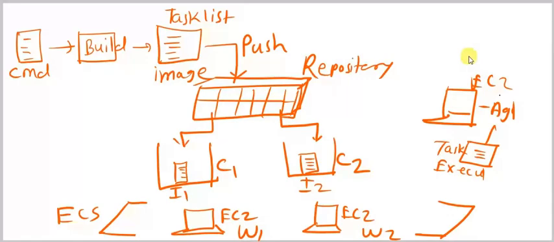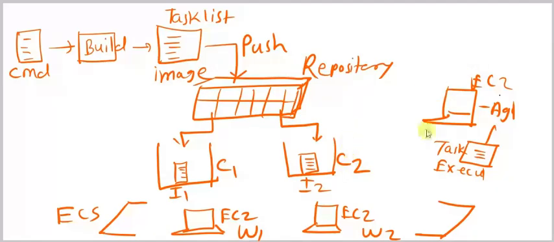Because in Fargate, which is serverless, AWS has full control of task allocation. So there are two types of scheduling. One is manual scheduling, where we manually allocate tasks based on the resource availability. In dynamic scheduling, the tasks are allocated dynamically.